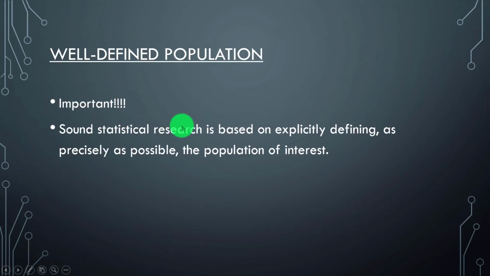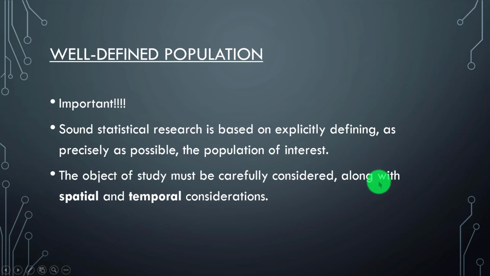Now, it's very important then that you have a well-defined population. Particularly, you want to make sure all facets are covered, particularly space and time. For instance, information collected in 2009 may no longer be applicable in 2020 because things change over time. And that may even be true on a shorter time scale of seasonality, spring versus fall.